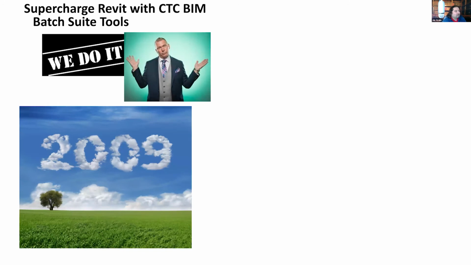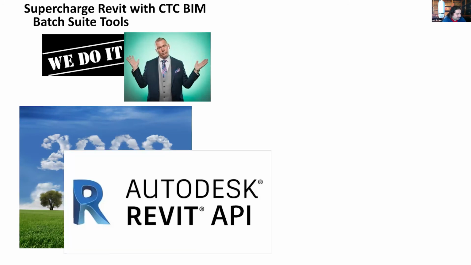And in 2009, as a lot of this stuff was being developed, Autodesk also released the first API. So this is a .NET programming application that you can put into Revit. What Revit really does is it exposes these hooks that allow the .NET programs to plug in there, right?